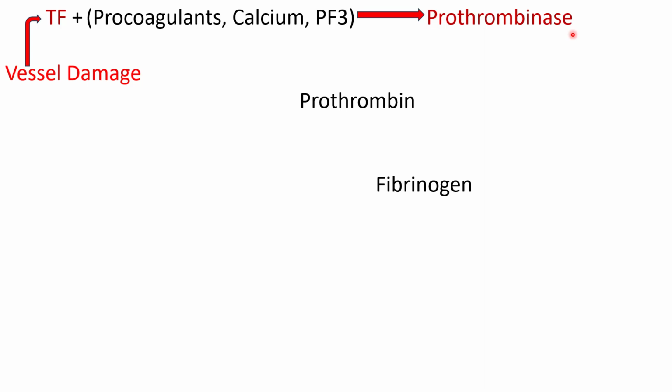But if you knew nothing else about it, I bet there's something you could tell me about it. What do you think you might know about prothrombinase? I bet a lot of you are saying it's an enzyme, and we know that because it ends in ASE. Enzymes, not always, but almost always, end in ASE. Prothrombinase is an enzyme.